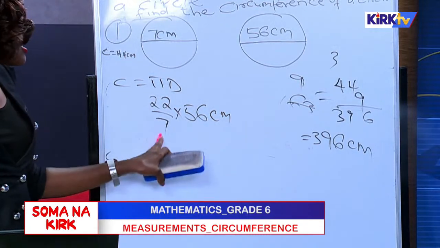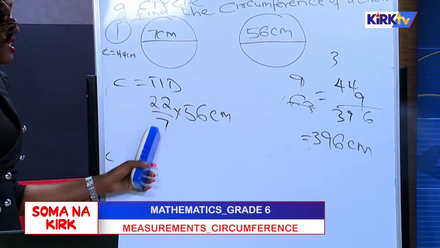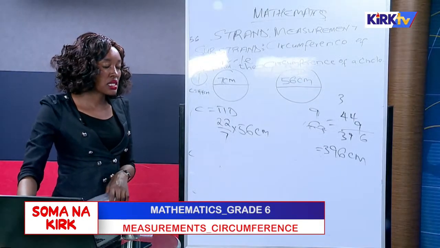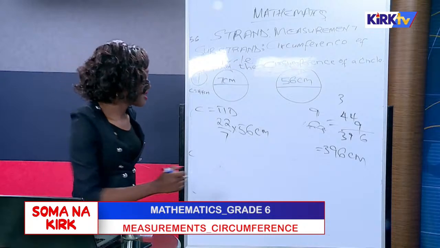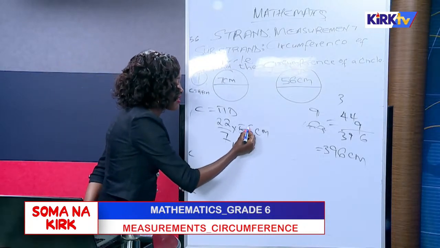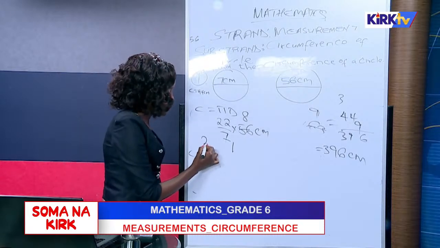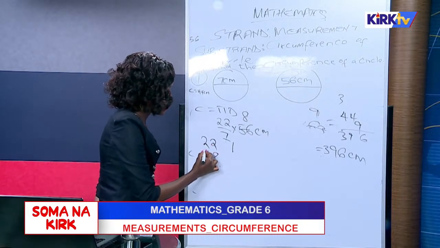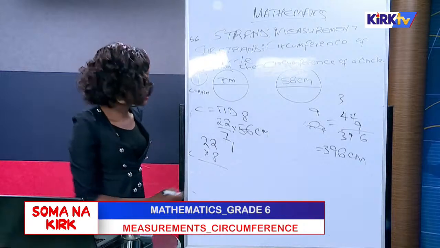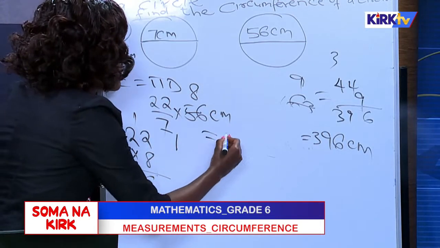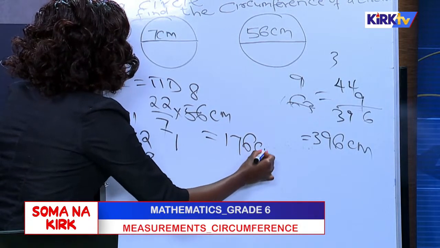We can simplify, because 7 can go into 56 how many times? 8 times. So by 7, 1; by 7, 8. Then you take 22 times 8. You multiply here and you get 6 carry 1, 17. Our answer here is 176 centimeters.